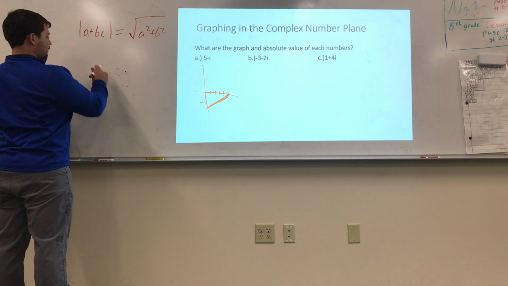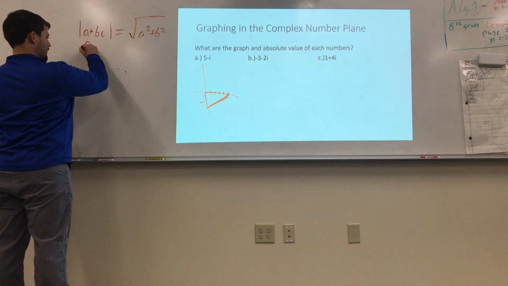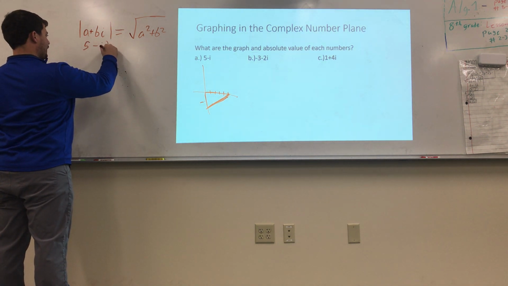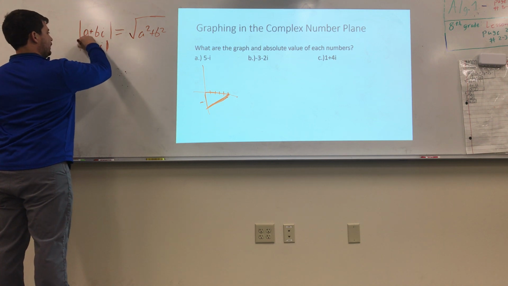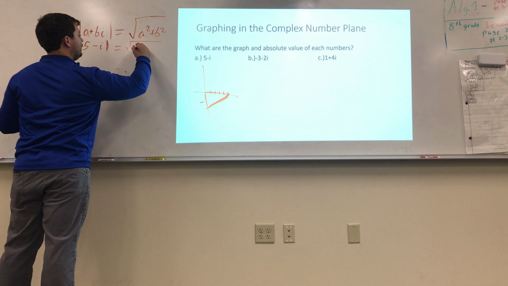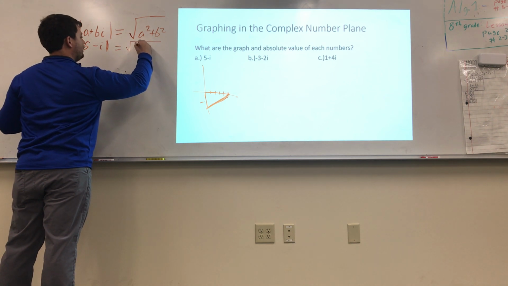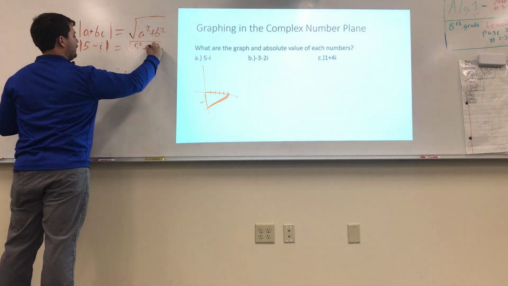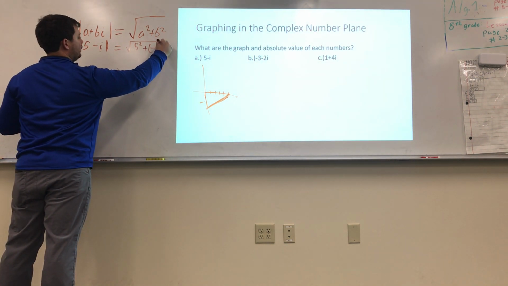Alright, so this time we have 5 minus i. We have a, which is 5 squared, plus b, which is negative 1 squared.